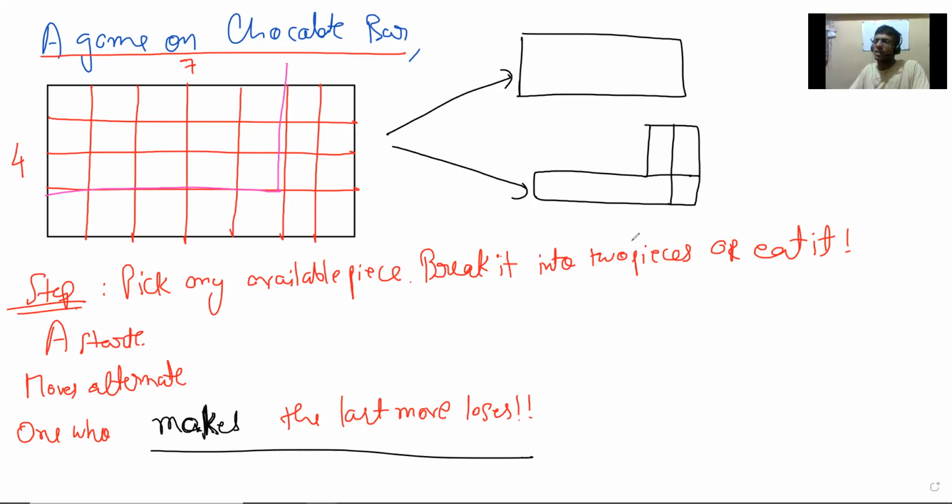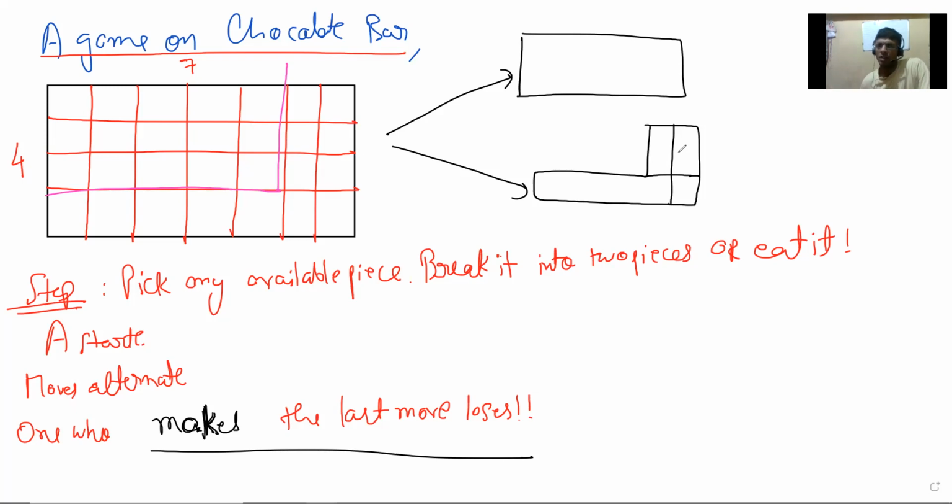No, not 28 pieces. Why? Because in the middle they can eat, right?